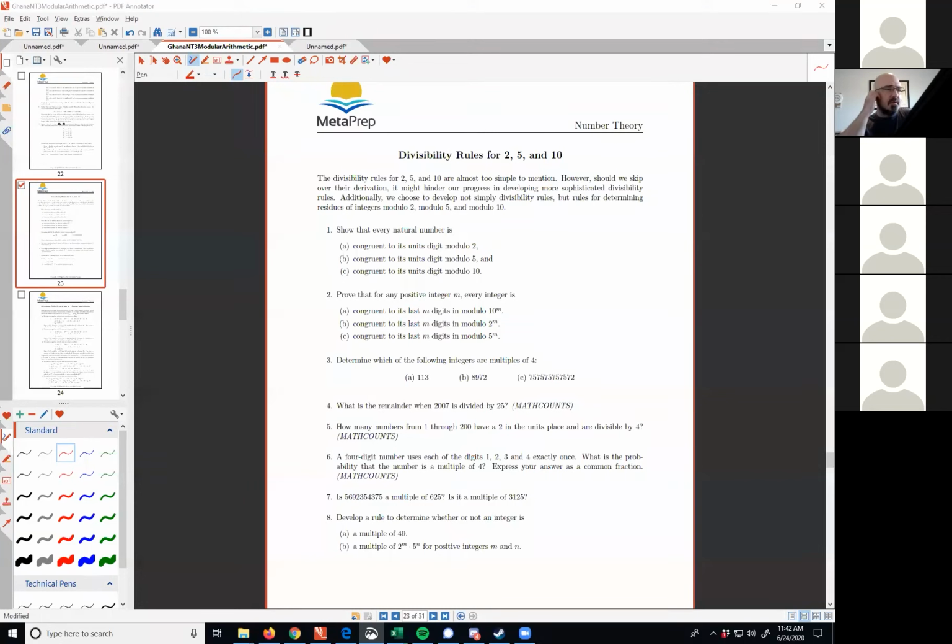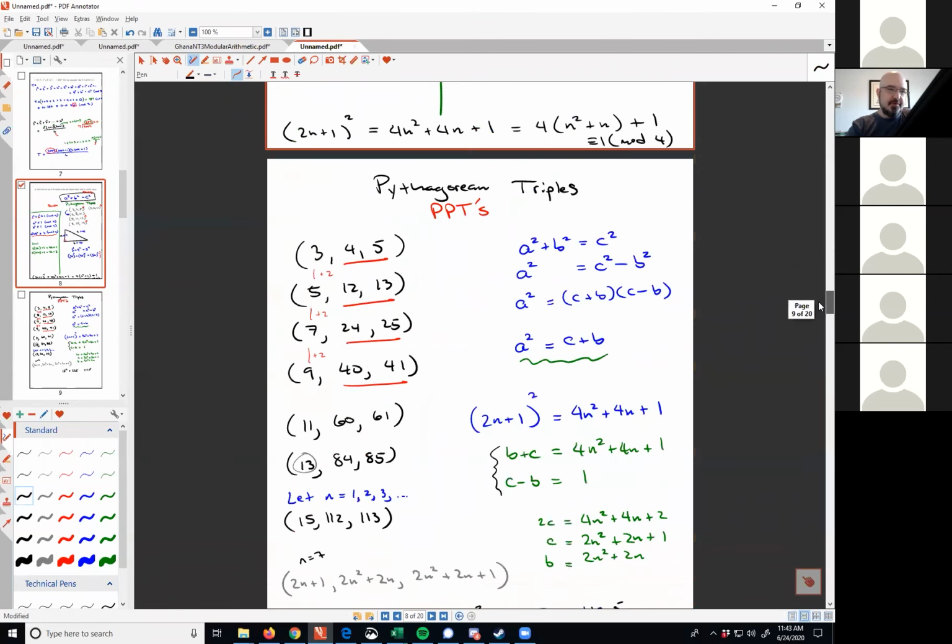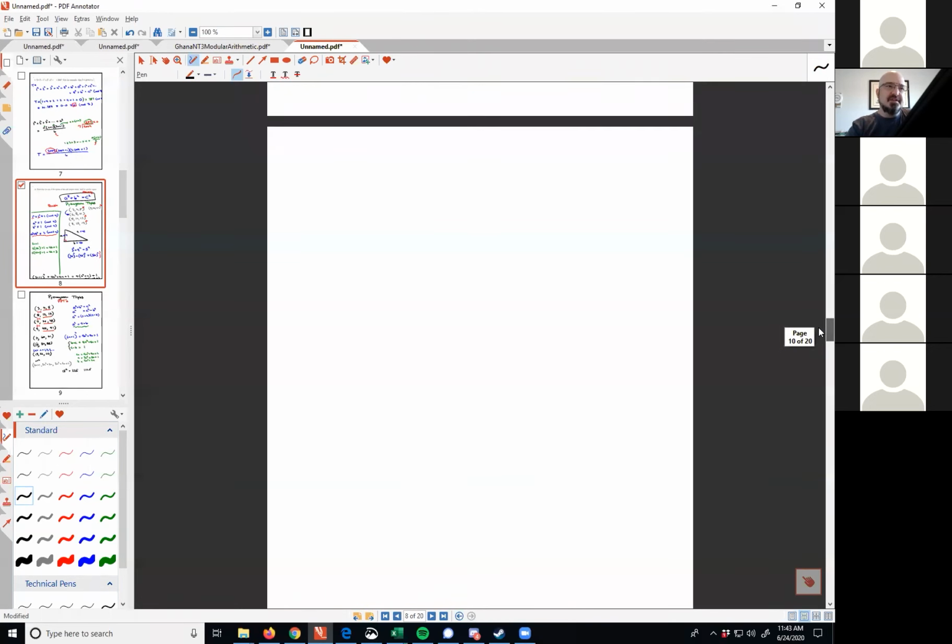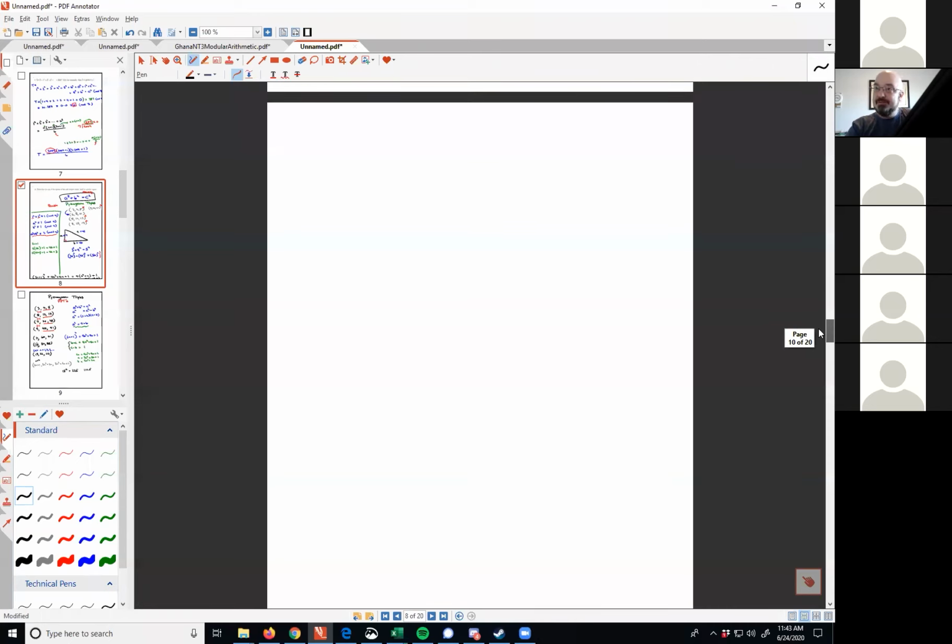So ultimately, I'm going to write that out in terms of modular arithmetic. Even though this is simple for all of you, this is going to help us discover more interesting divisibility rules.